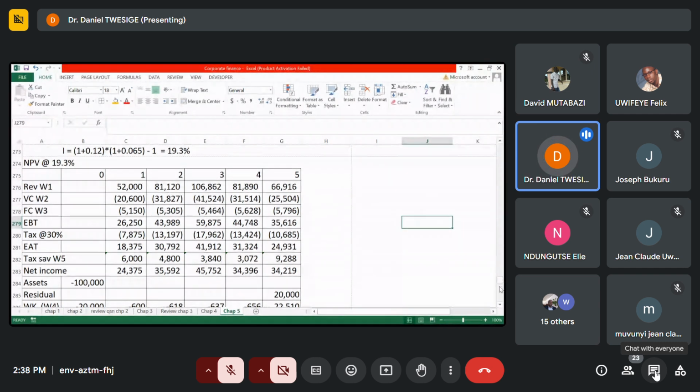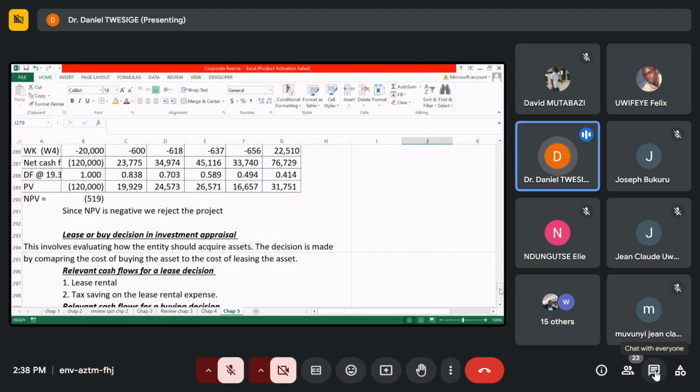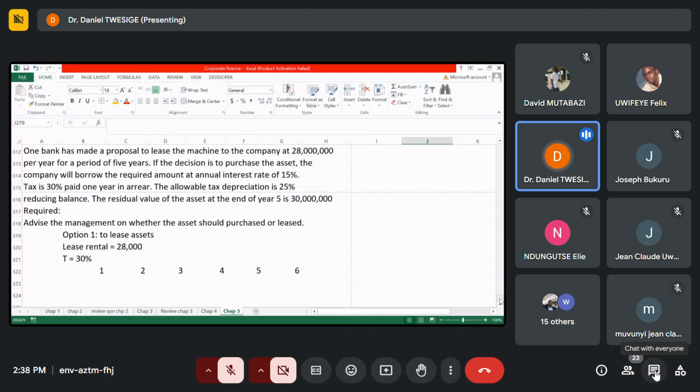Okay, I think I've got what I needed, a column. So what is our lease rental? We are paying 28 per year. If we were paying in advance, it would be starting from year 0.